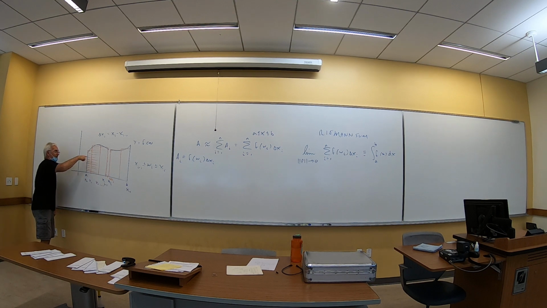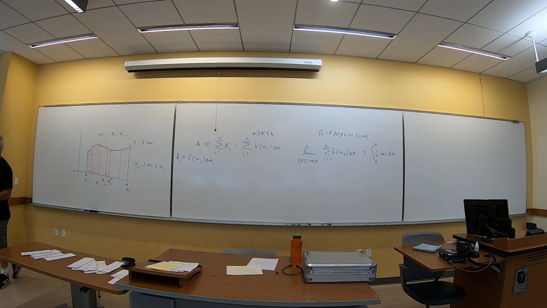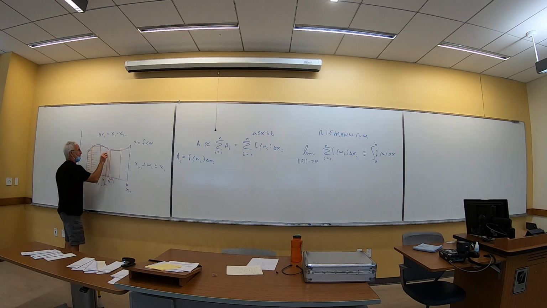These guys and these guys don't have to be the same, but I made n partitions horizontally. I want m, a different number, m partitions vertically. And again, completely random. So let's go back to our ith rectangle. And I want to concentrate on that one right there. Okay?